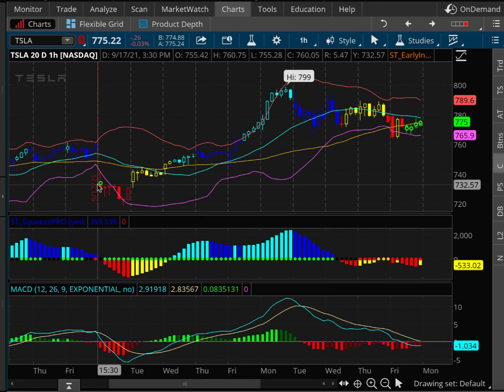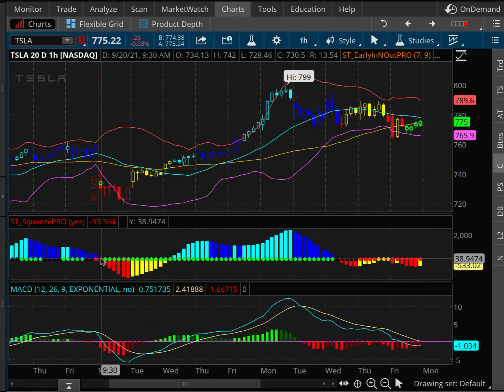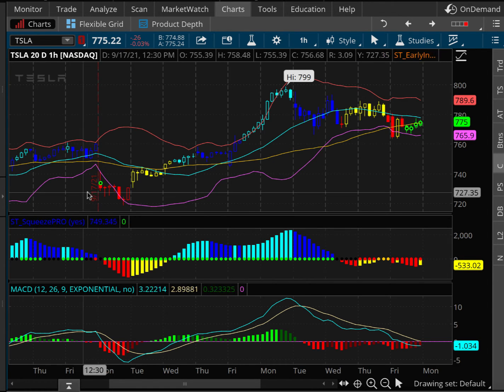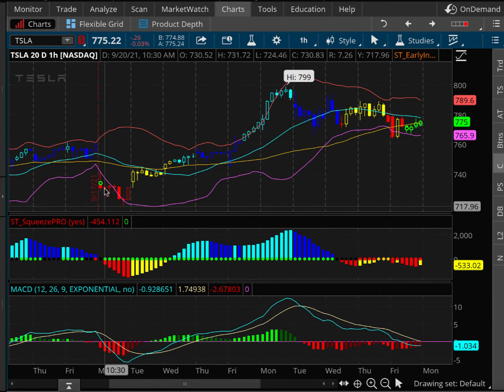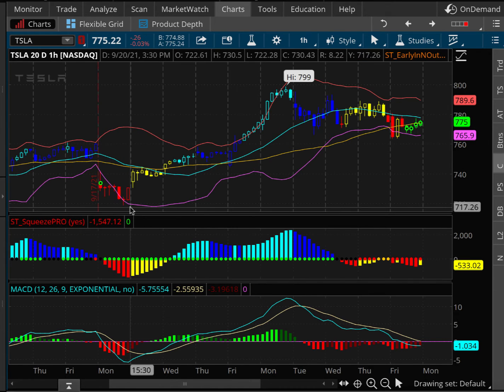That green dot is called an early in, early out indicator, and it's a custom indicator. It's telling me that this squeeze is about to fire in some direction with a burst of movement, whether up or down.